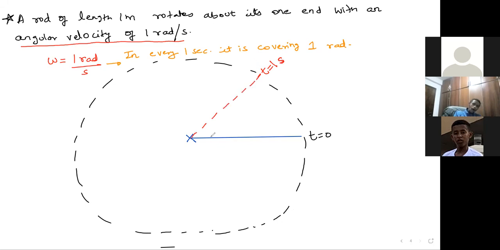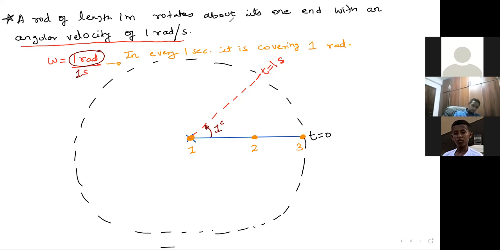Omega, 1 radian, exactly, because it is covering 1 radian in every 1 second. Let us talk about the particle exactly at the middle. Particle 1, particle 2, and particle 3.